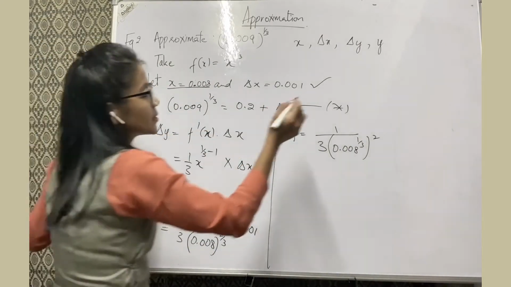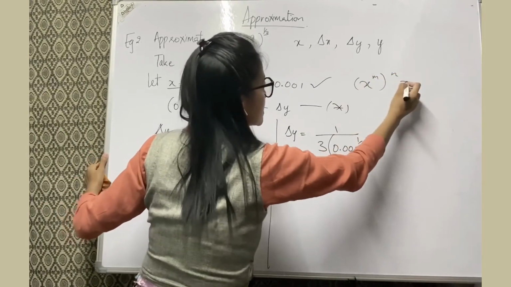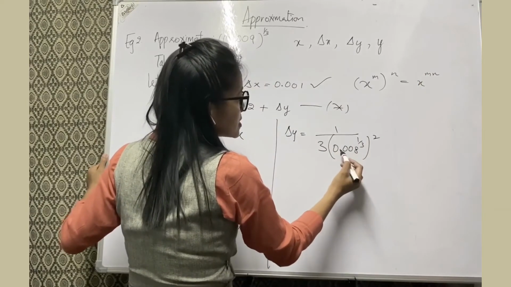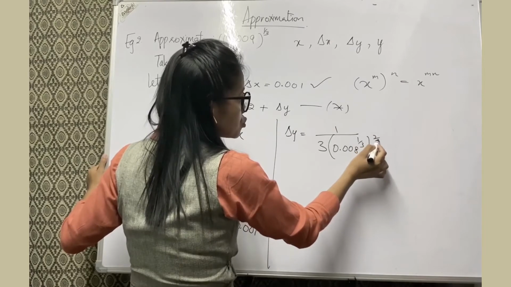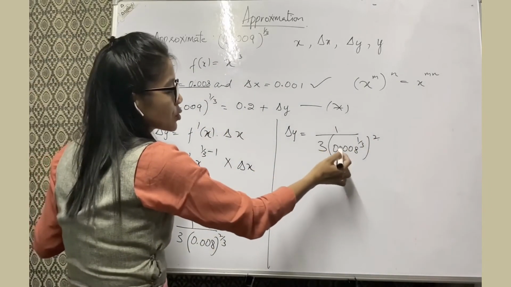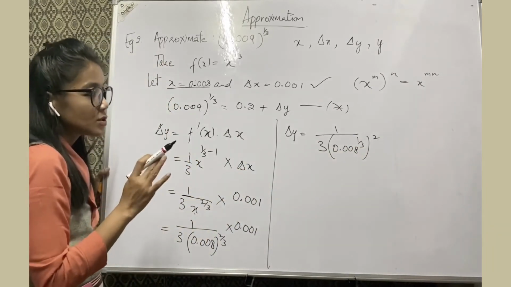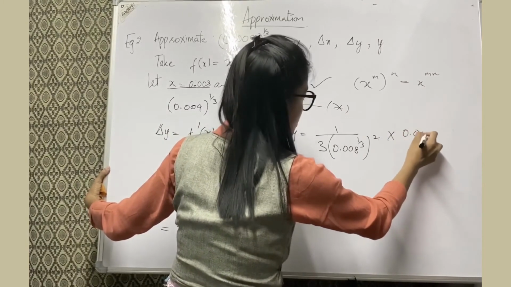If you have x raised to m into n, so that is x raised to mn, okay. So that will be 0.008 raised to 1 upon 3 into 2. So that will be 2 upon 3, okay. Since we can find its cube root, therefore I'm taking cube root together with 0.008, right, into that is 0.001.